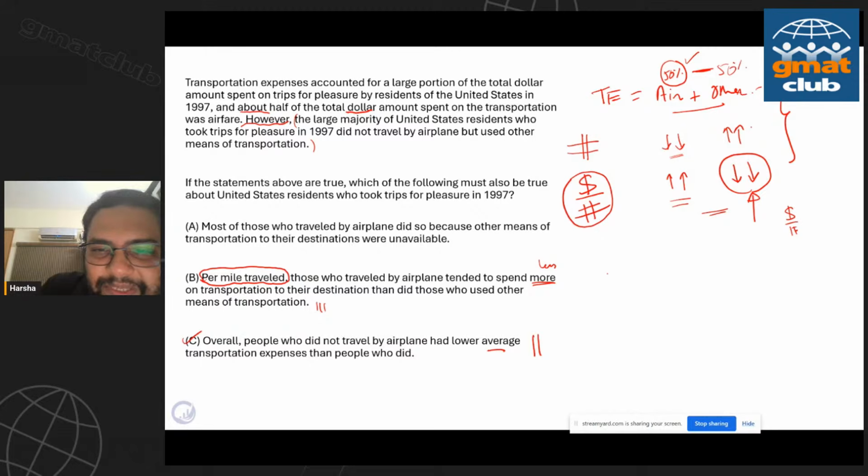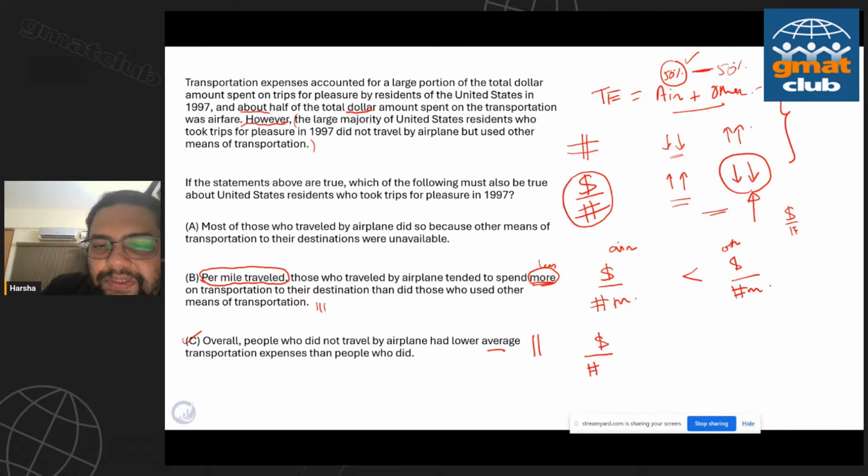Let's say choice B is not true. So it's dollar per person per mile, the per person expense on transportation per mile. Even if this is less for air compared to other modes of transport, think about what's happening.